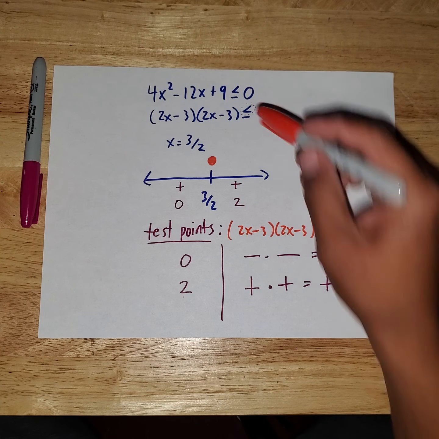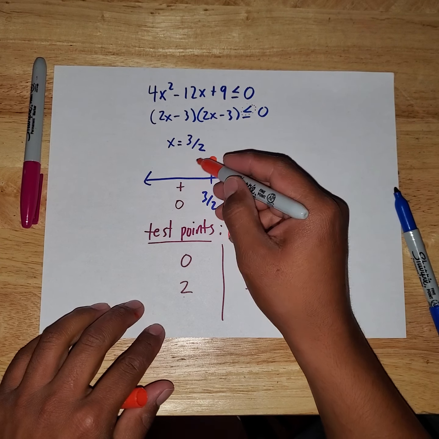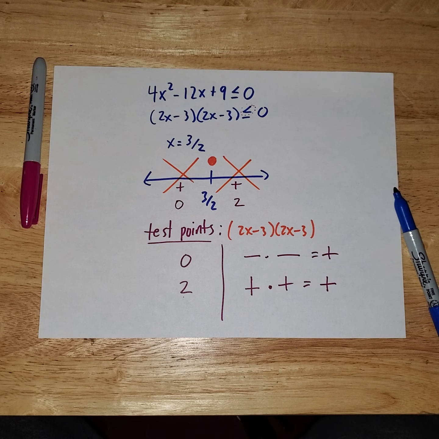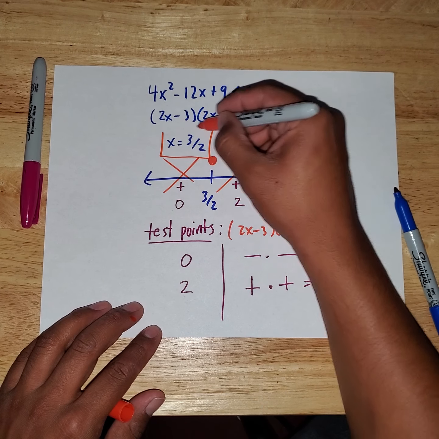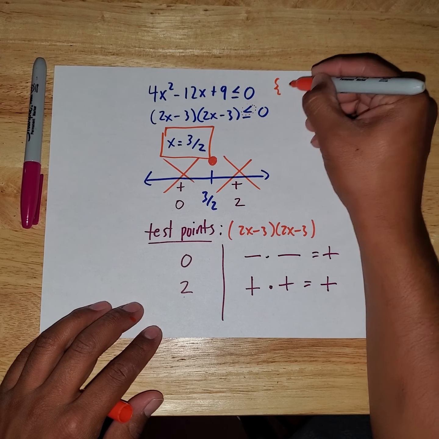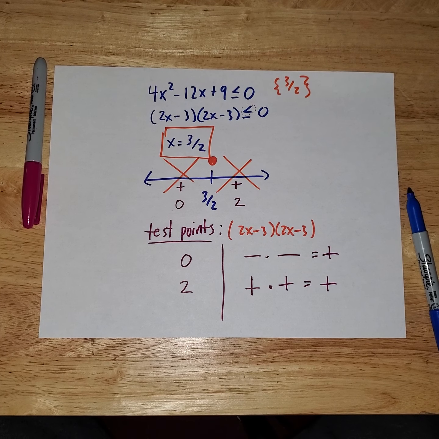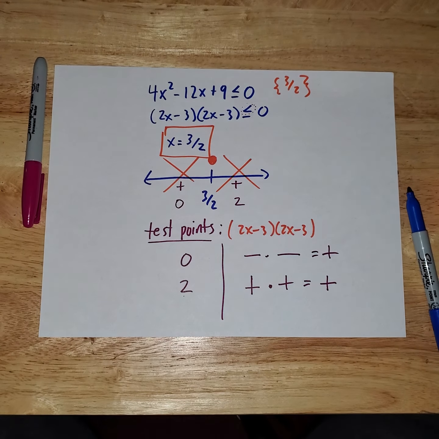So numbers smaller than 0 are negatives. And I know on this side I'm getting only positives, on this side I'm getting only positives. So the only solution is this 3 over 2. The only solution for this inequality is 3 over 2 because we aren't getting any actual negative answers here.